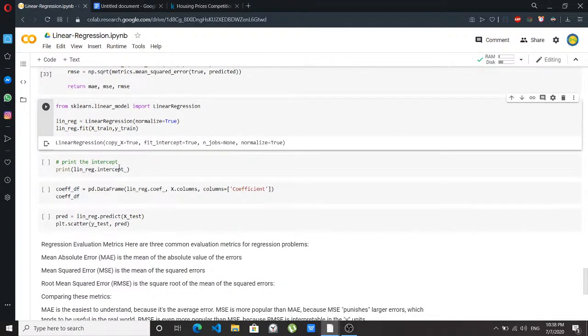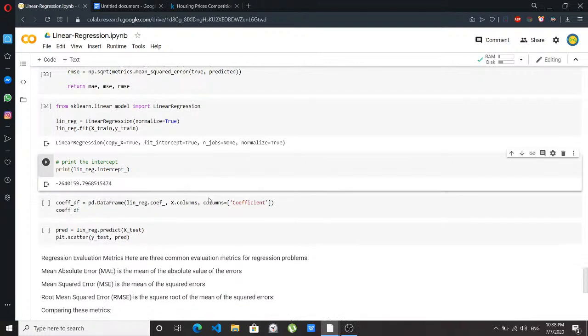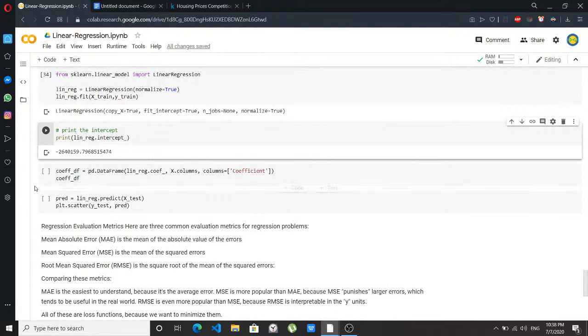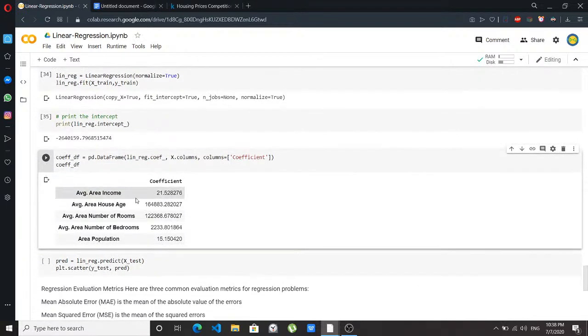And here we are going to be printing the intercept. Let's print the intercept. It is around minus 2640159.79. And these are the coefficients against each of the columns. That is, for the average area income I have a coefficient of 21.52, and likewise for the house, this is the coefficient.